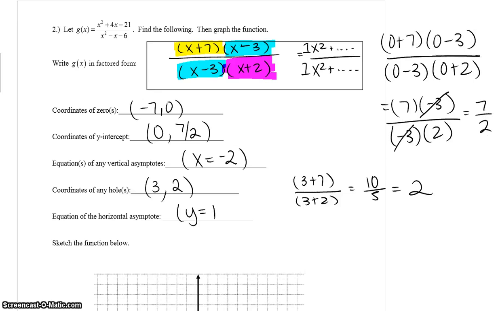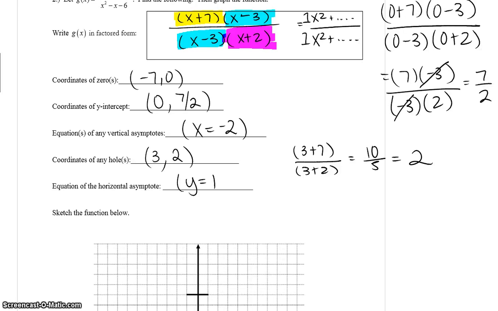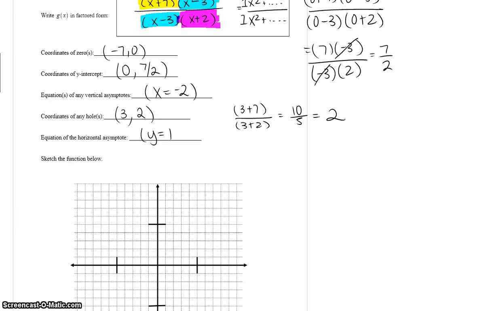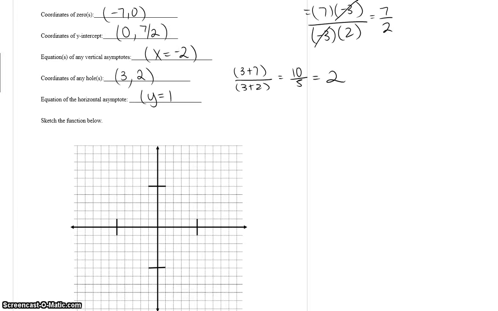So let's take a look at how we sketch this now. Make this a little smaller. Okay, so we've got a zero at negative 7, which is right here. We've got a y-intercept at 0, 7 halves, which is 3.5. So about there.